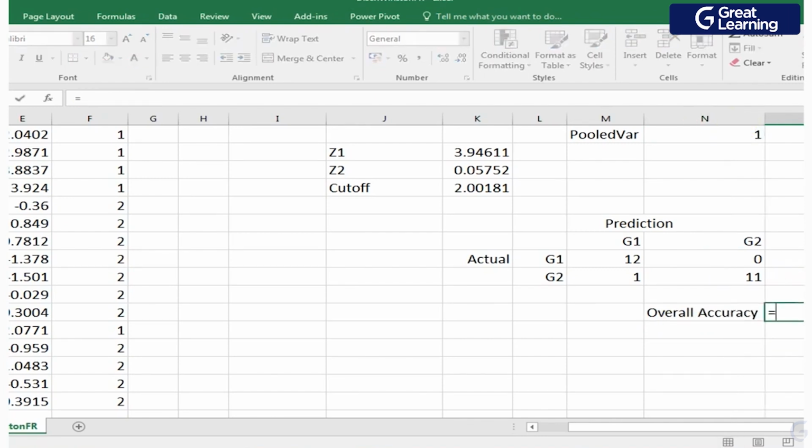Is equal to this cell plus this cell divided by the grand total. 95.83% overall accuracy here. The model has classified. Am I correct? Ladies and gentlemen, do you agree with that? 23 by 24 by formula.